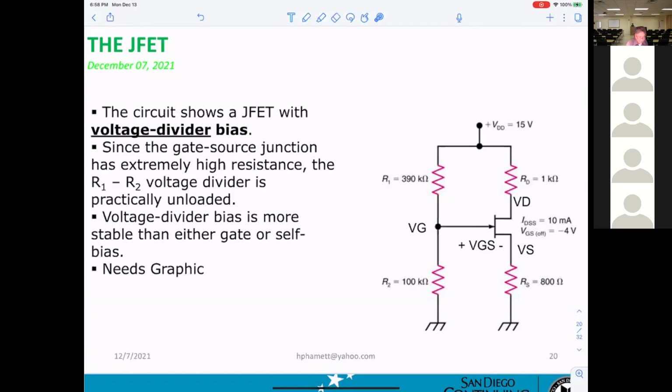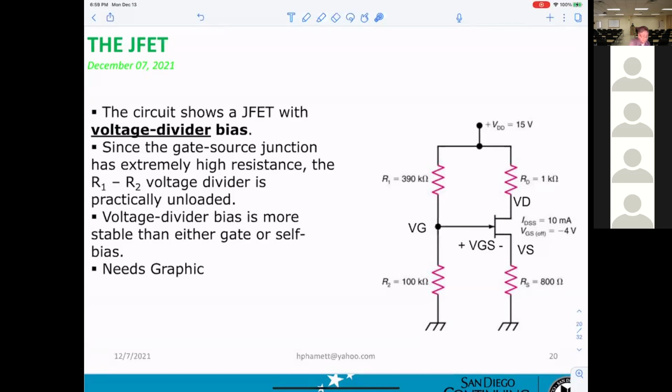VGS equals VG minus VS. I know this is a JFET we're dealing with, but in the case of the bipolar, we were dealing with VBE for the base. Yeah, exactly. Whereas here we're dealing with VGS, and we use VG minus VS to get it. Same thing, right. Okay. Thank you.